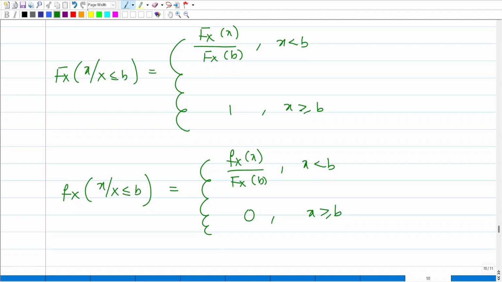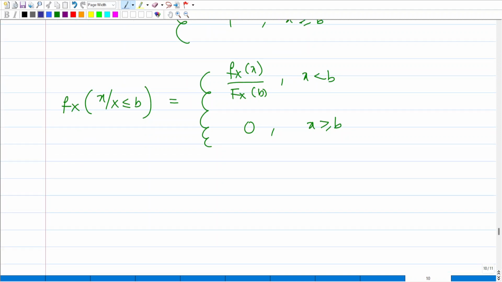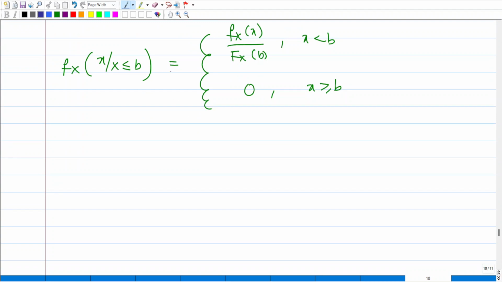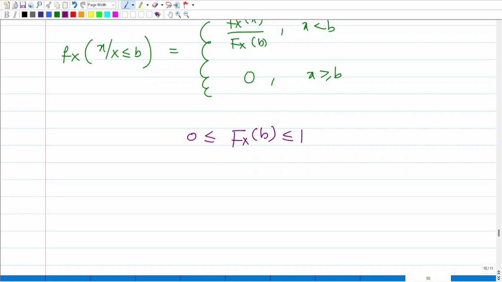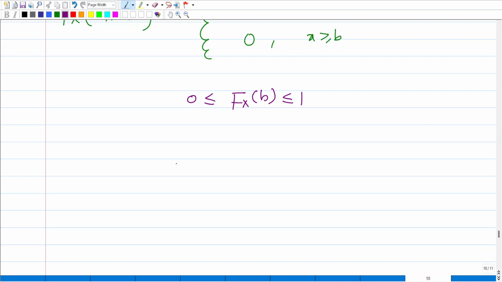Now if we see the x less than b condition, what is the denominator here? Fx of b. We know that this is between 0 and 1, the CDF is bounded by 0 and 1. Let Fx of b be 0.1.